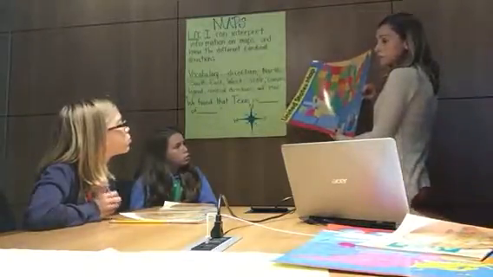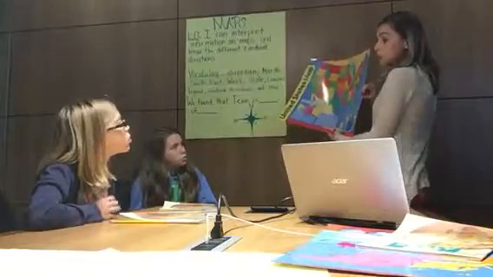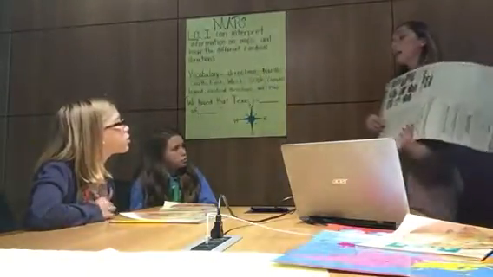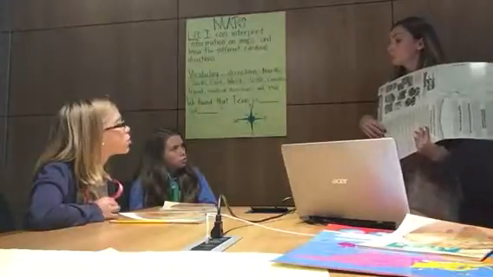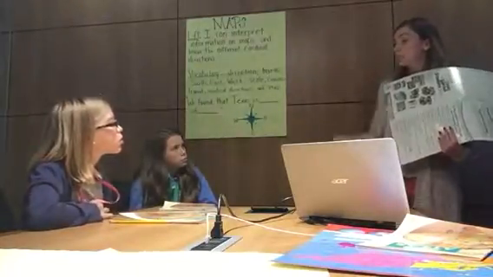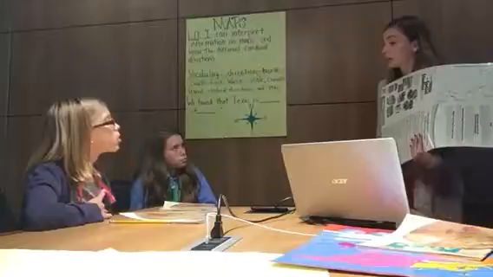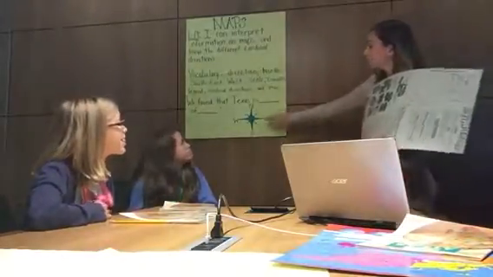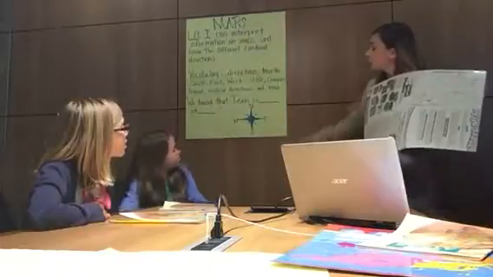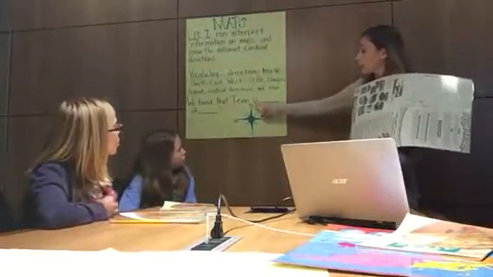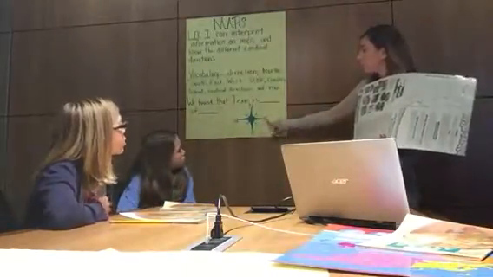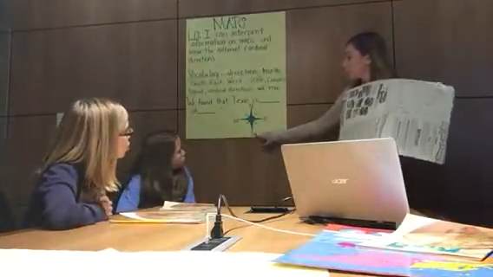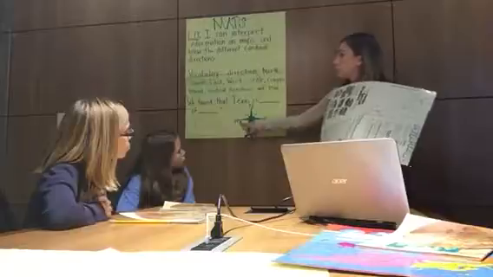For north, south, east, and west. Good job. Do you think that you'll be able to determine which way is north, east, south, west without looking at a compass? No? Okay, so let's take a look here. I want you to know that north is above, east is to the right, south is below, and west is to the left.